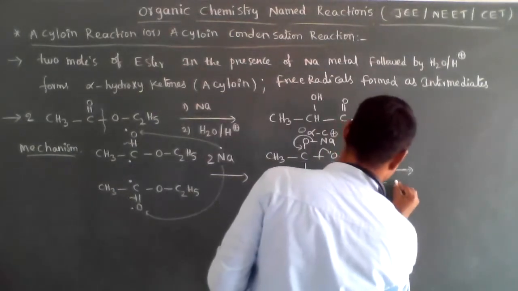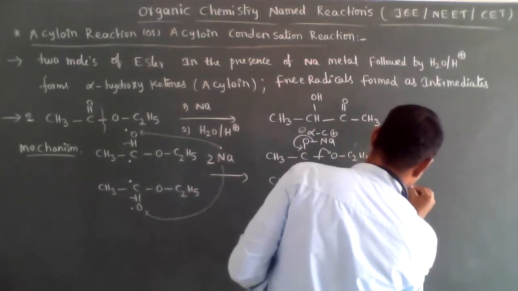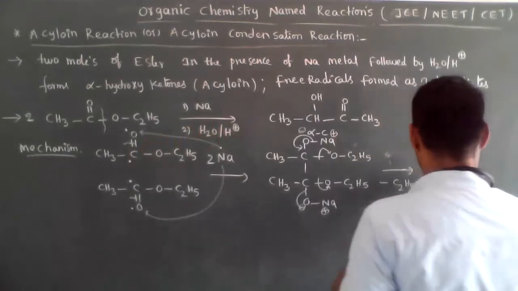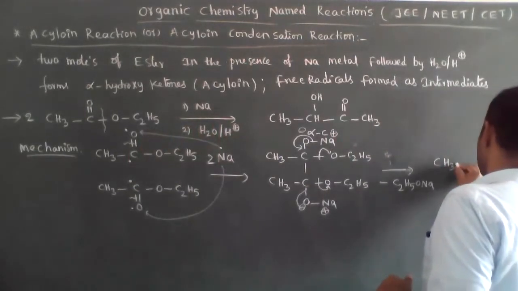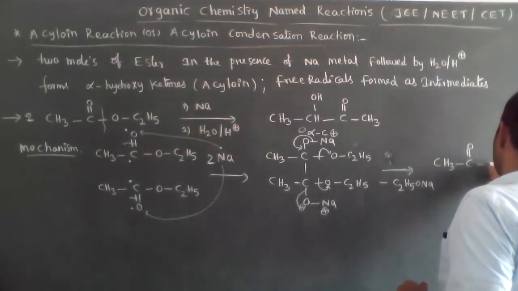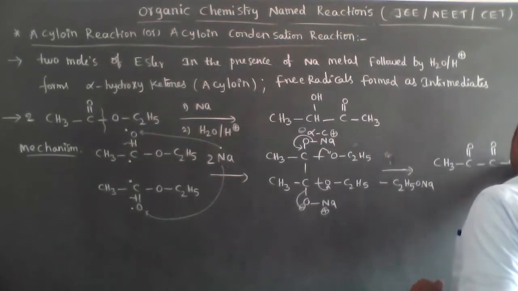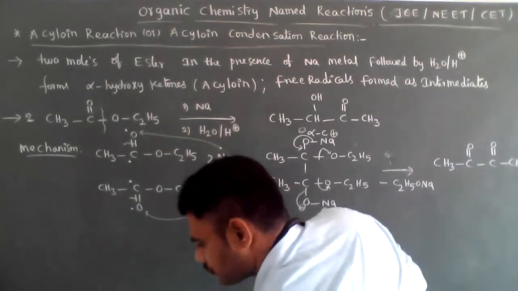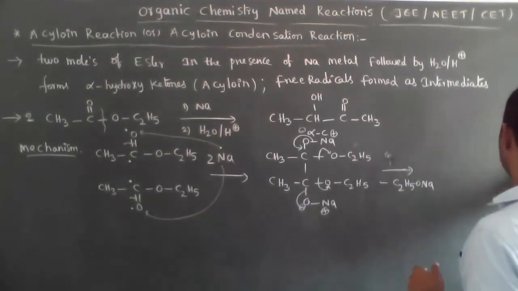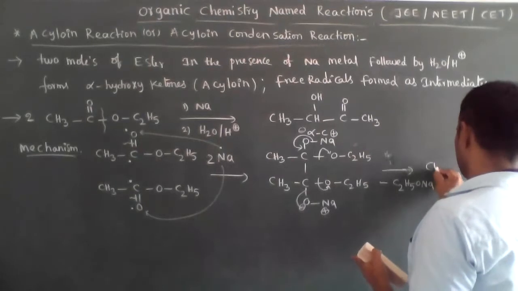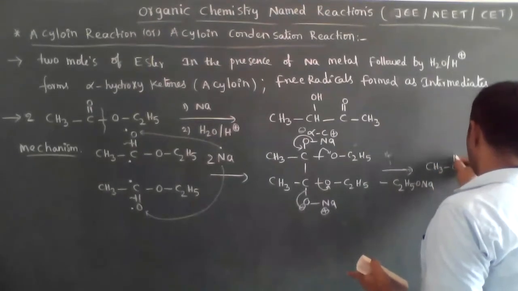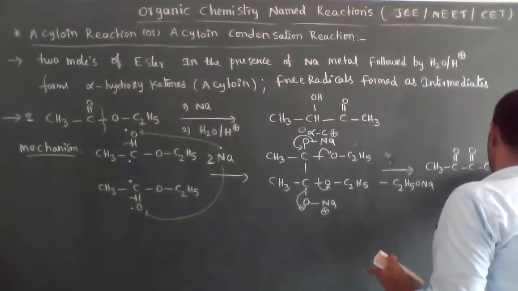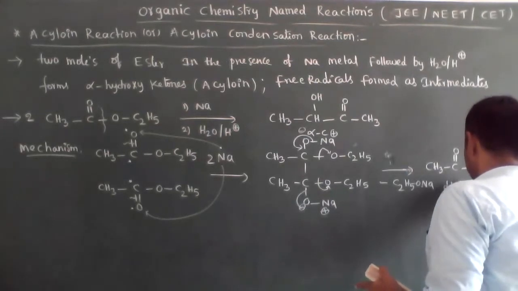Then with loss of C2H5ONa it forms a diketone, CH3C(=O)C(=O)CH3. A diketone.